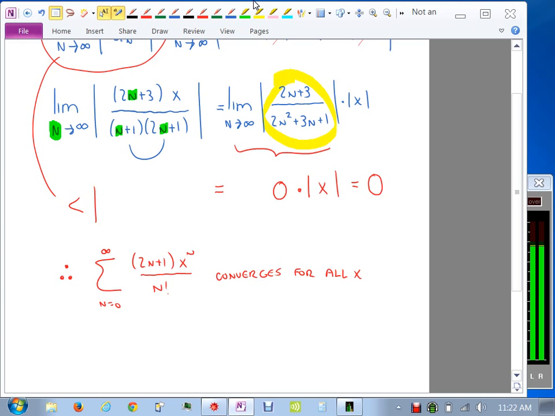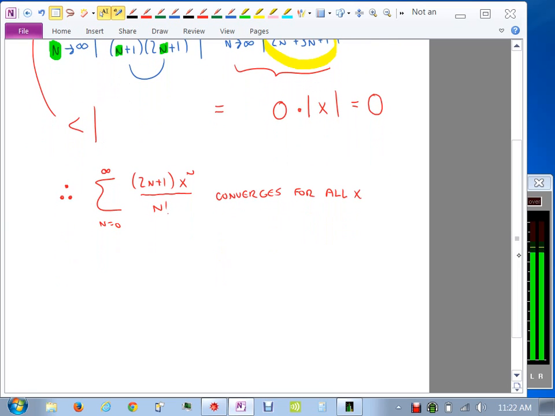Now, that's one way to say it. Another way to say it is that it converges for all x an element of the real numbers, right? So I'm giving you different options as to how to say this. You can say that. You can say that.